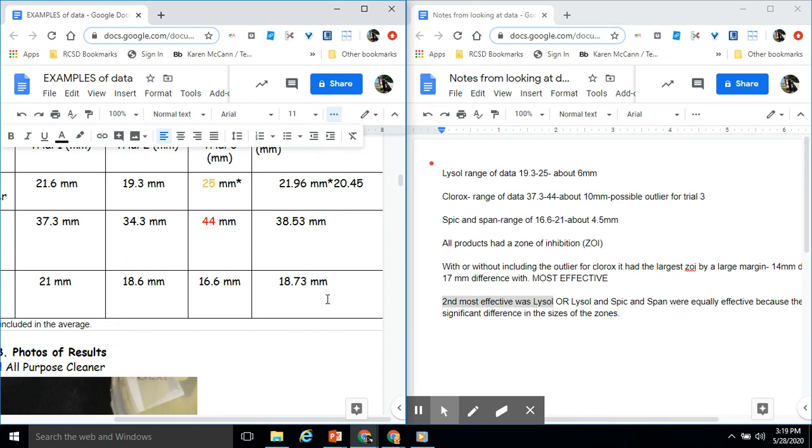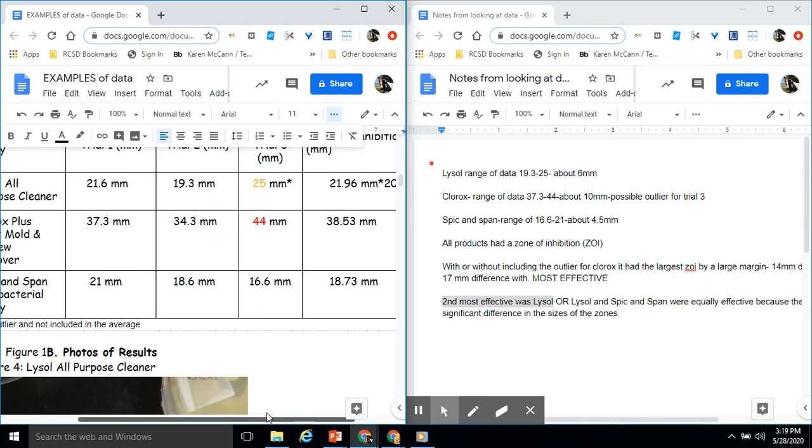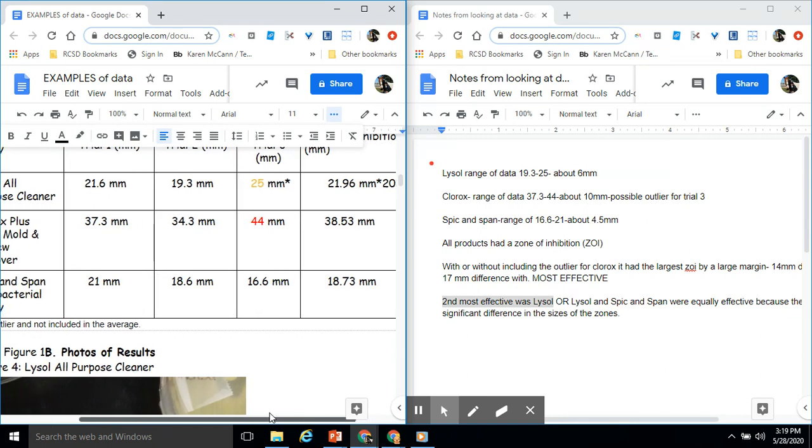Now you could look at the pictures in a minute and decide, visually, I see a really good difference here. If you can look at the visuals and they really confirm that there are different sizes going on, then that's a different story. So you've got to be a little careful.